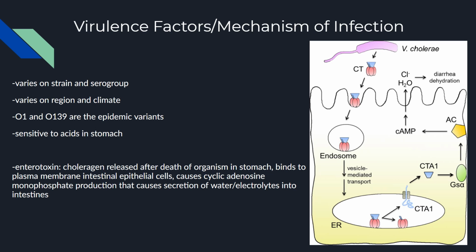When they die, they release enterotoxins, also called choleragen or cholera toxin. So it's not really the Vibrio cholerae itself that causes the symptoms, it's the toxin that it produces.